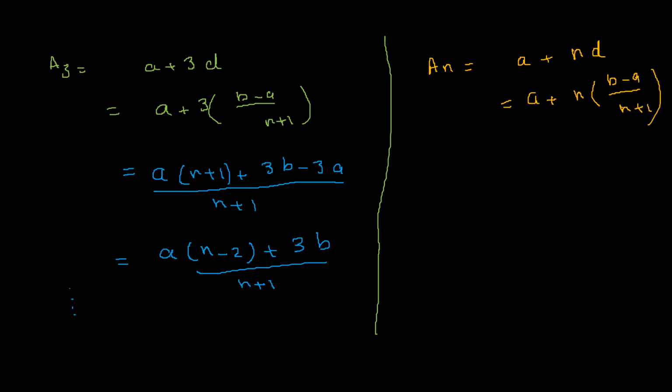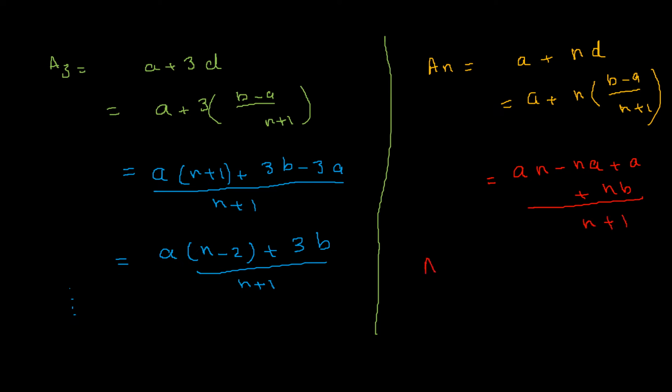Okay, so from here you can simplify and get a(n+1) minus na, plus a plus nb, over n plus 1.